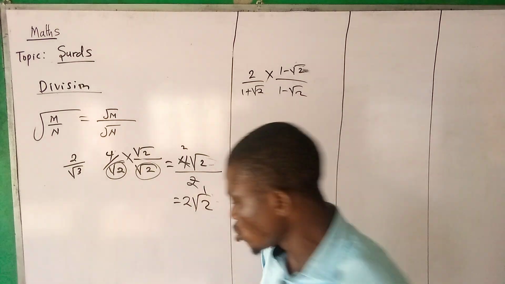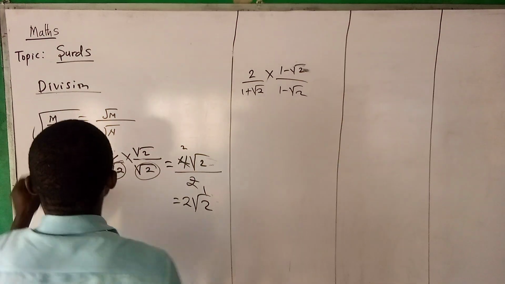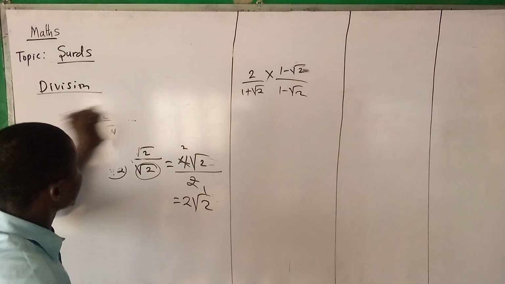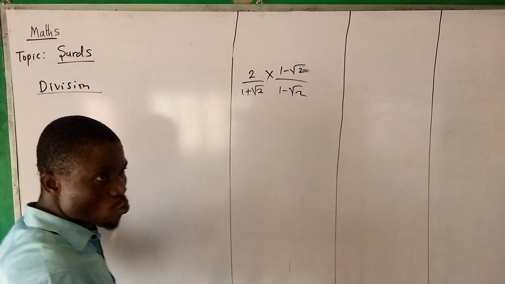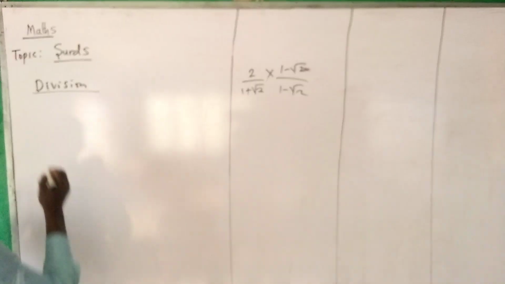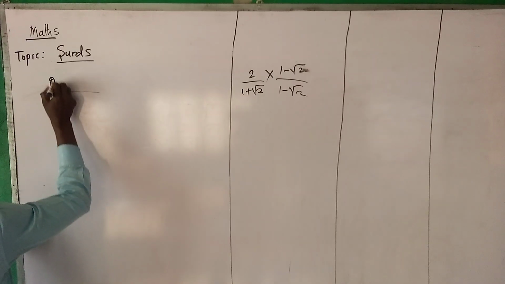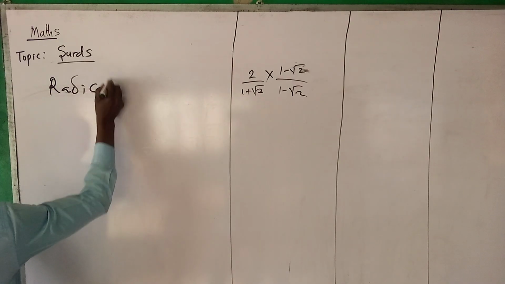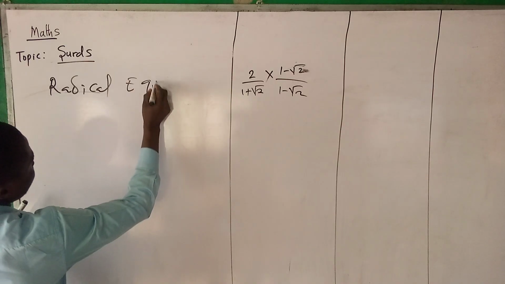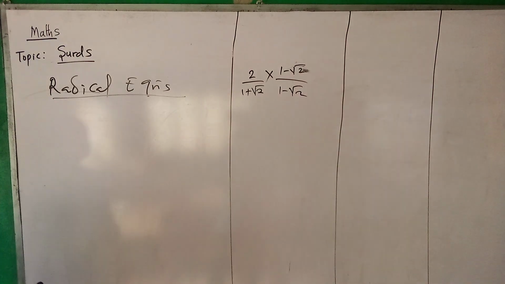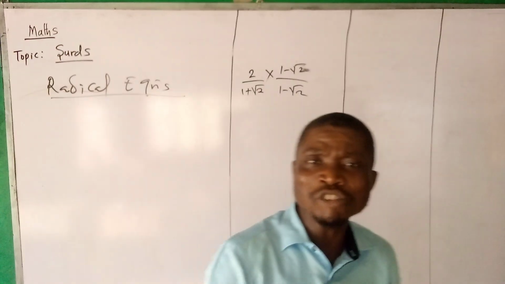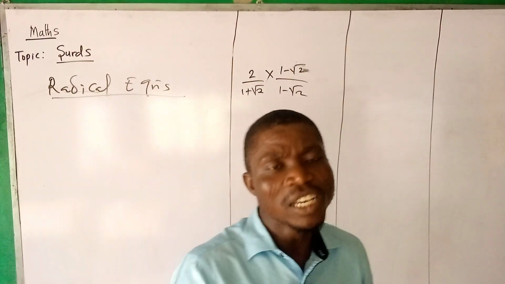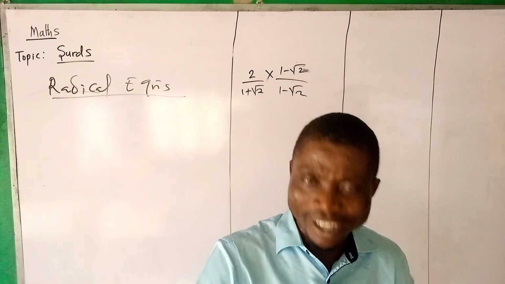Now the next thing I want to discuss under this part 1 is what we call a radical equation. Radical equation is an equation of surds. That's the meaning. A surd having an equality sign is said to be a radical equation.